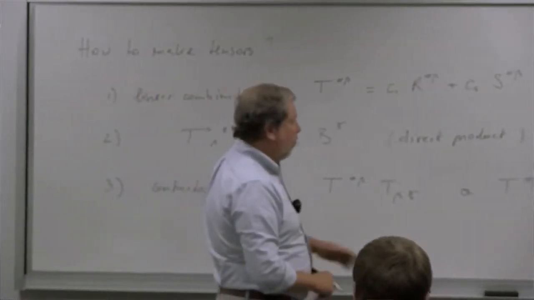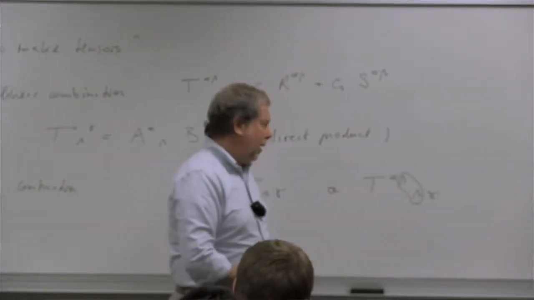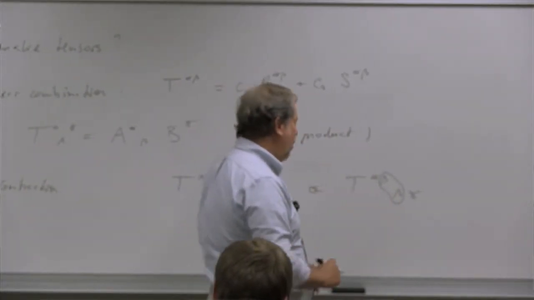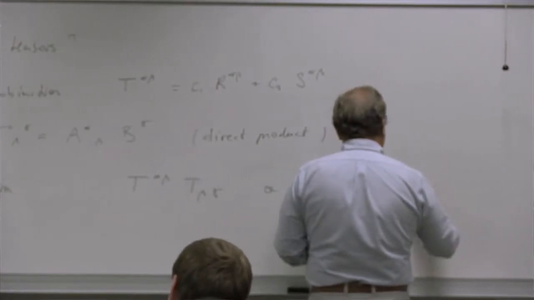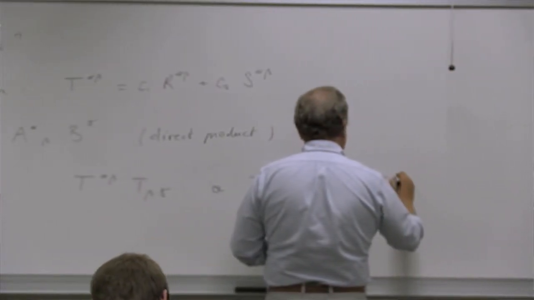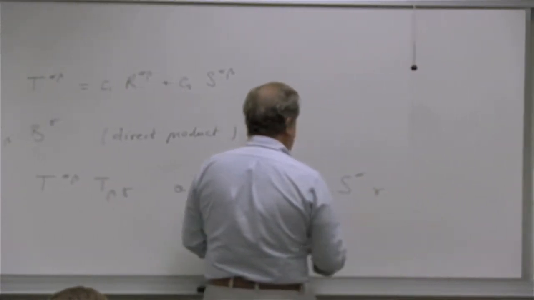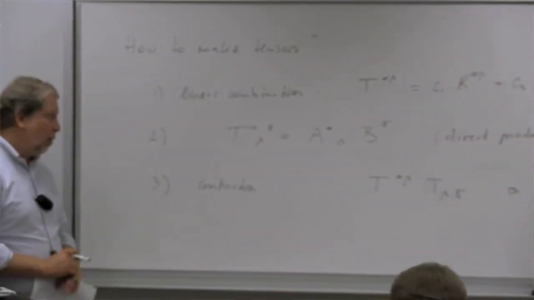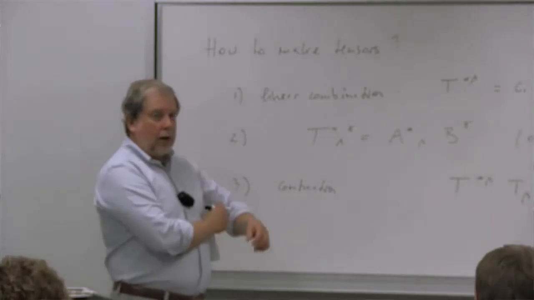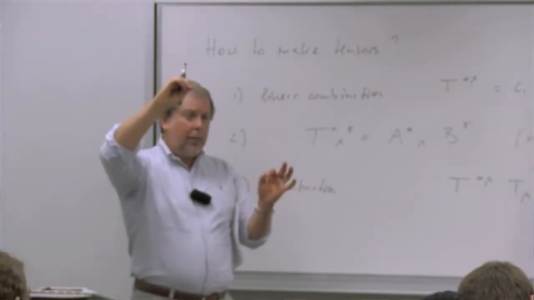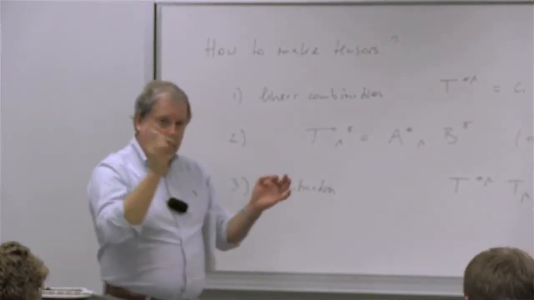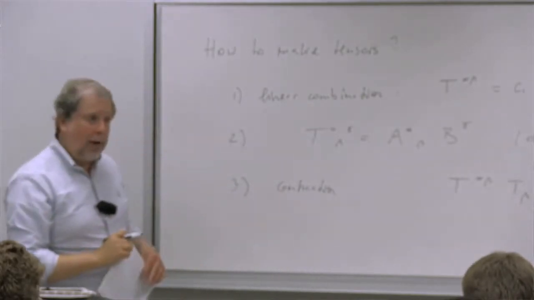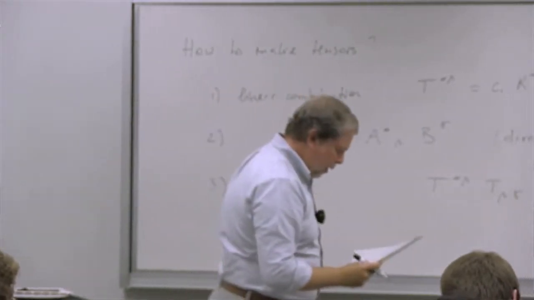When you sum them over, they're gone, and so this behaves like a new entity, which we're going to call by a different name, for example, S. And it will be a tensor that has an index upstairs and an index downstairs. So this is called contraction. Contraction means you take two indices, you make them equal, and you sum them over. And those indices then are kind of gone. I mean, they're no longer free indices, right?